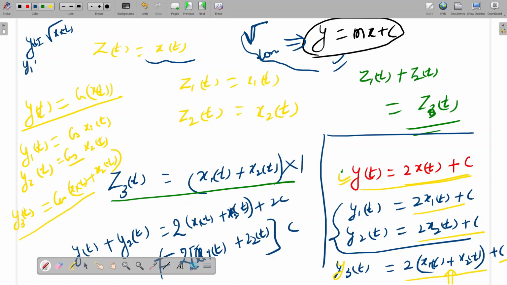So y1 of t will be under root x1 of t, y2 of t will be under root x2 of t. And what will be y3 of t? For x1 plus x2, the transformation is a square root, so y3 of t will be the square root of x1 of t plus x2 of t. That will not be equal. So any function like logarithmic will be non-linear.